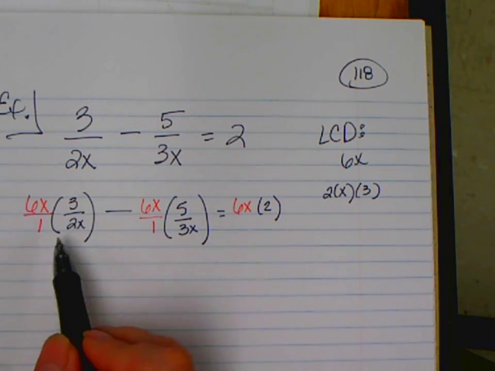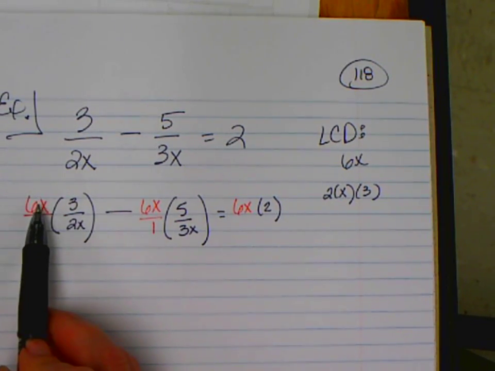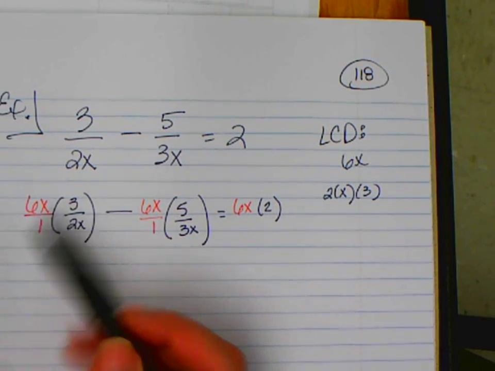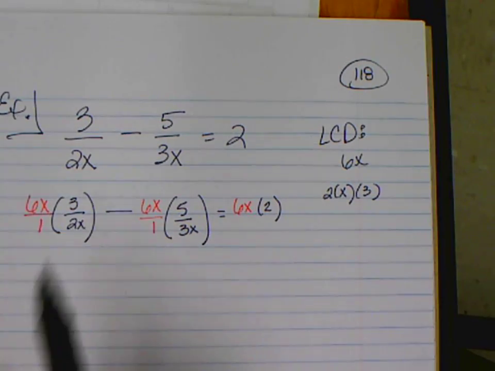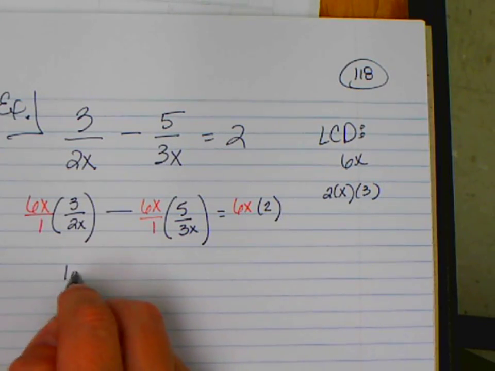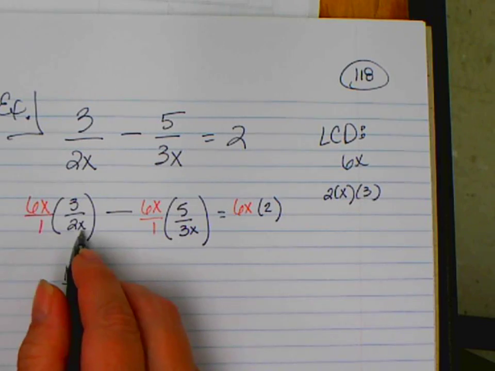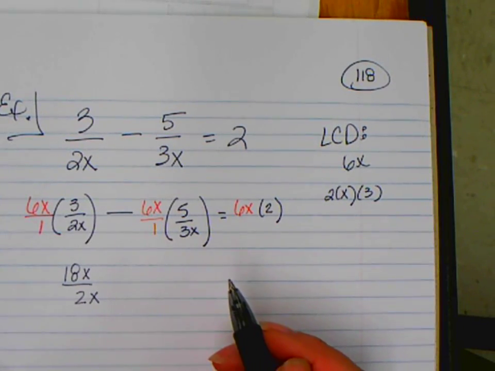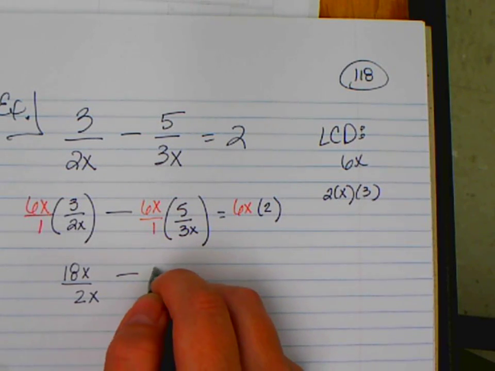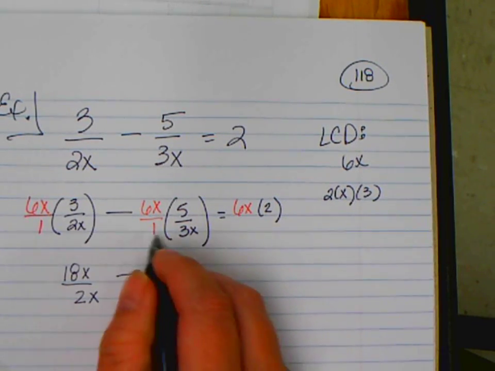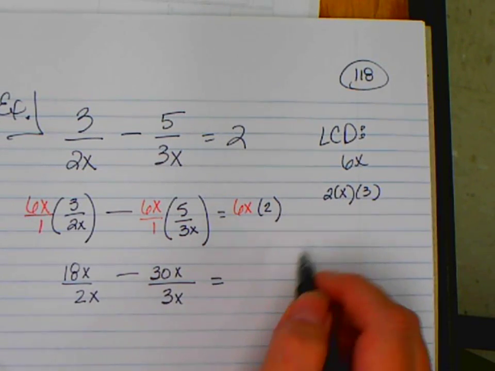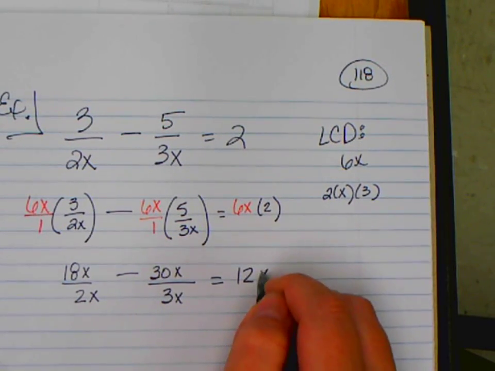So remember, when you're multiplying fractions, you do numerator times numerator, denominator times denominator. This is not a cross product because there's no equal sign between them, right? So what is 6x times 3? 18x divided by 1 times 2x is 2x minus 6x times 5, 30x over 1 times 3x is 3x, equals 6x times 2, 12x.